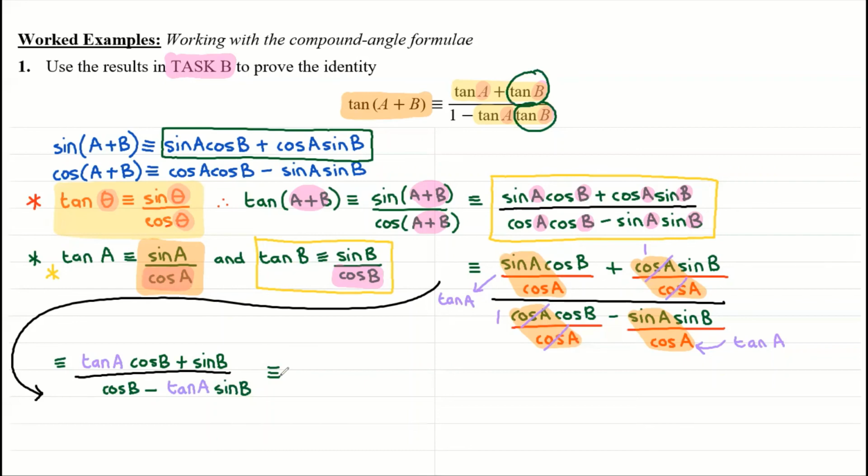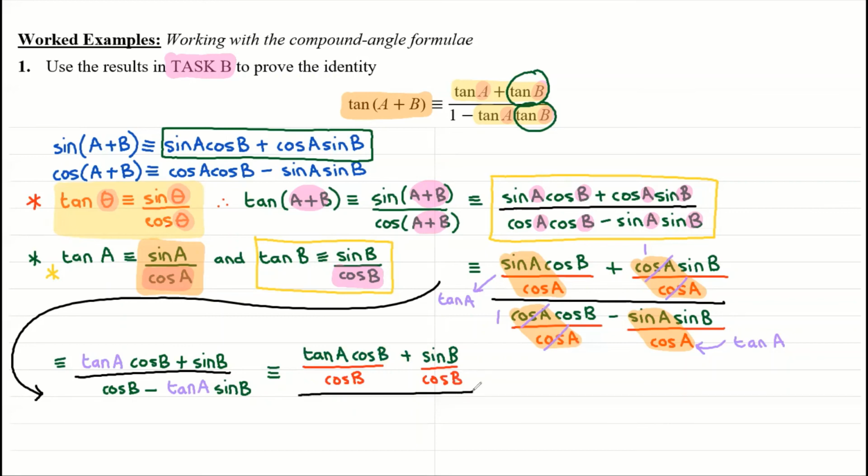All right, so let's do this. So we're going to have tan A cos B plus sine B, and we're going to divide those separately. Well, you could do them all in one, but divide that by cos B and divide that by cos B. And this is, of course, the numerator.